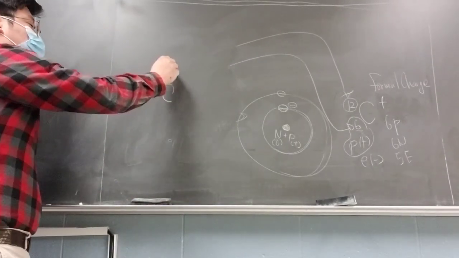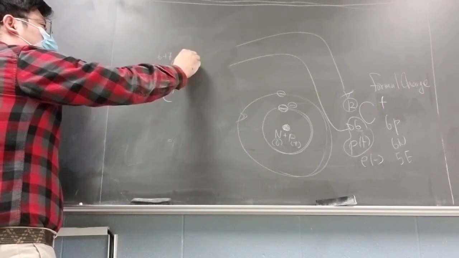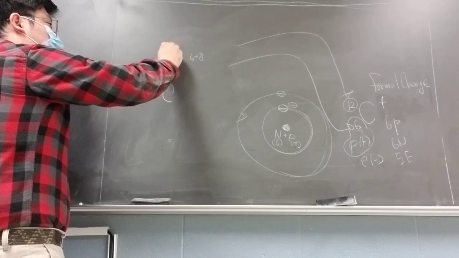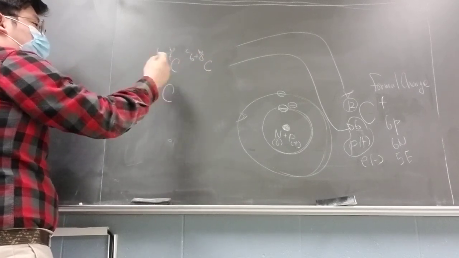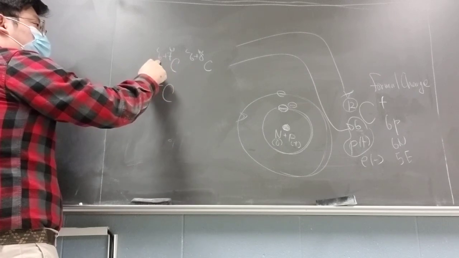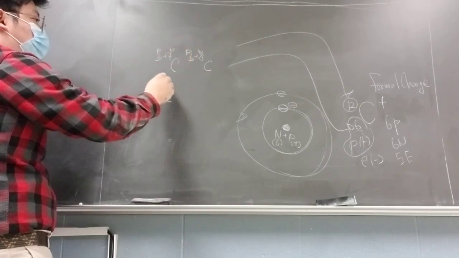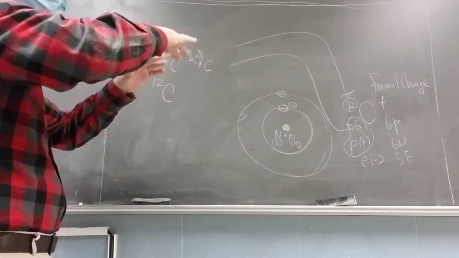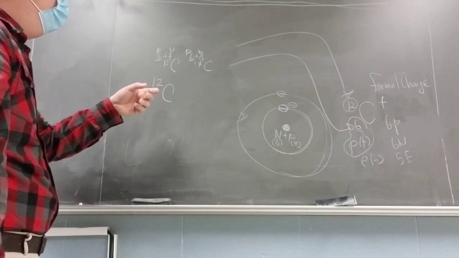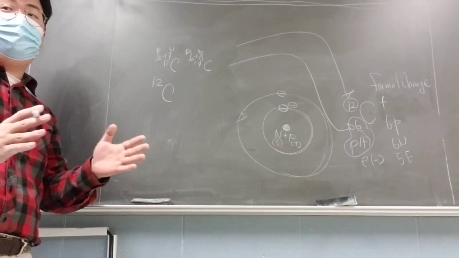It still has 6 protons, but maybe 7 or 8 neutrons. That makes an even heavier carbon, but still the same chemical element because it's still 6 protons. So that would be carbon 13, carbon 14, which are much less abundant than your carbon 12. That's why the atomic mass number of carbon is very close to 12.